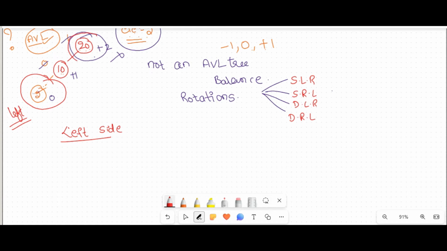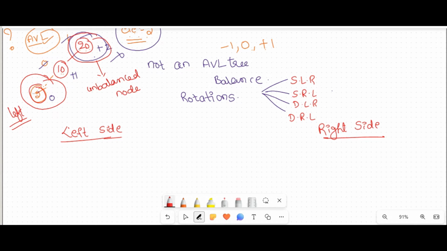This is the unbalanced node, and for that unbalanced node you have inserted the new node on the left-hand side.